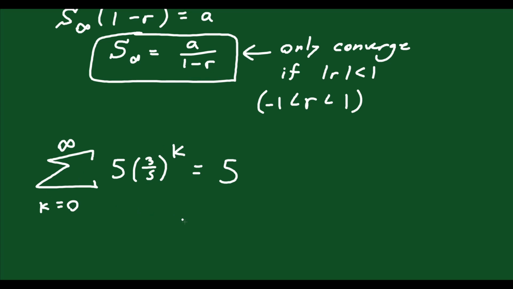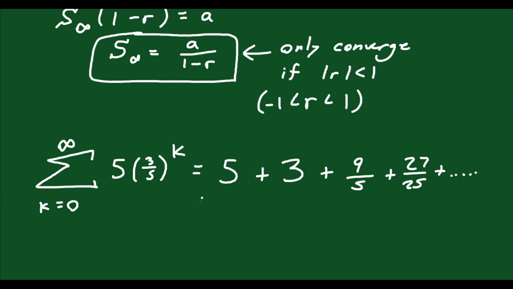So this is just another way that these series can be expressed. So you have 5 plus, okay, now k is going to be 1, so 5 times 3/5, that's equal to 3. Okay, now k is going to be 2, so you have 5 times 9 over 25, because that's being squared, so that's going to be 9/5. The next term is going to be 27/25. That's just going to keep continuing forever, okay?